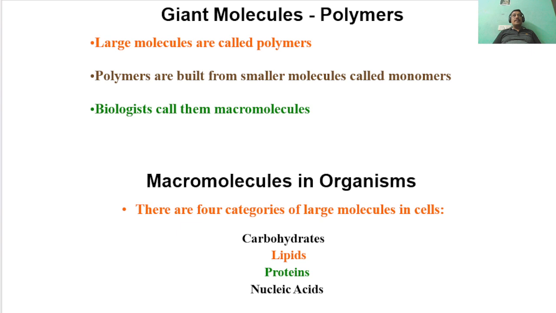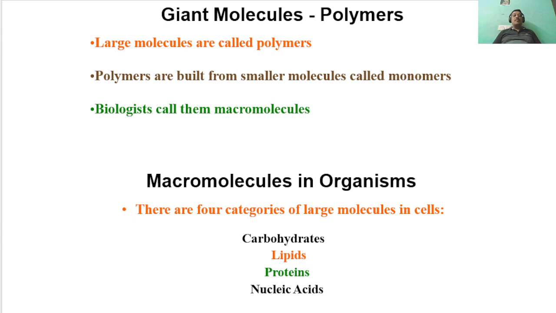So we call them monomers. That means polymers are built from smaller molecules called monomers. And we biologists also refer to this polymer as macro. Macro here refers to big, large molecules. So polymers and macromolecules are one and the same.